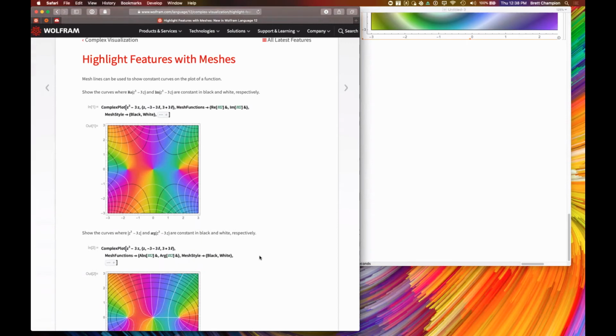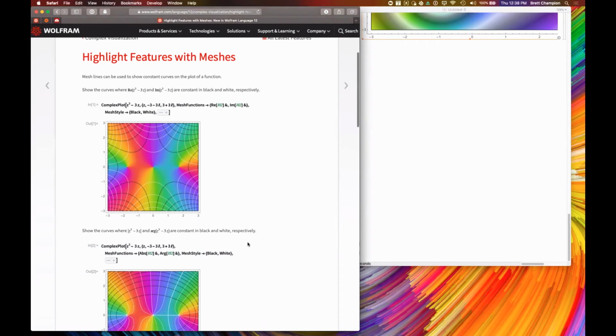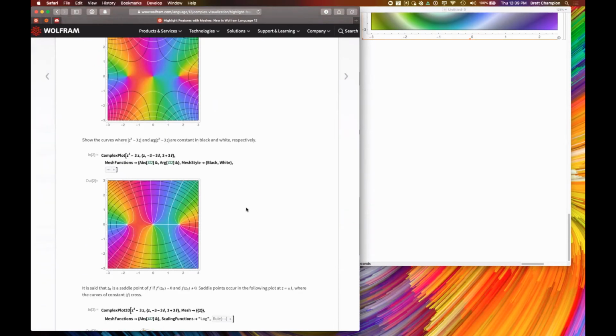And so here, this is showing the mesh lines for the magnitude and the argument, and you can see that the argument is the white lines, and they have the same color everywhere that a particular line goes.